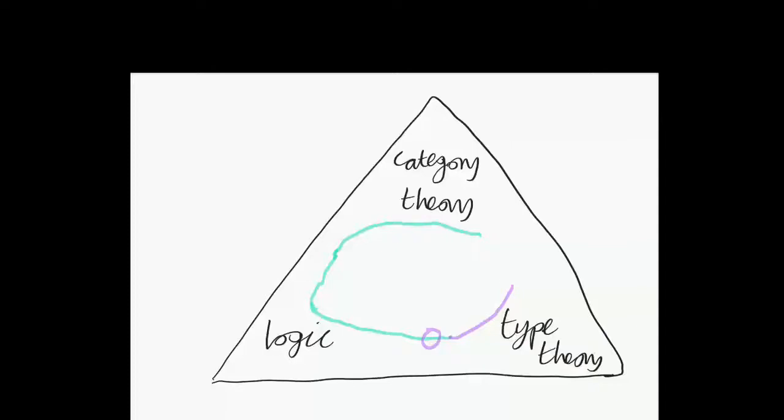These are the categories that have all of the categorical gizmos which we encountered before within them. And so we can think of these general bicartesian closed categories as describing what's going on in set theory, or as describing what's going on in logic. We can interpret them in many ways.